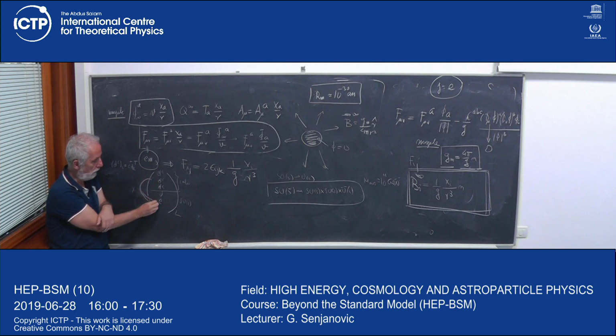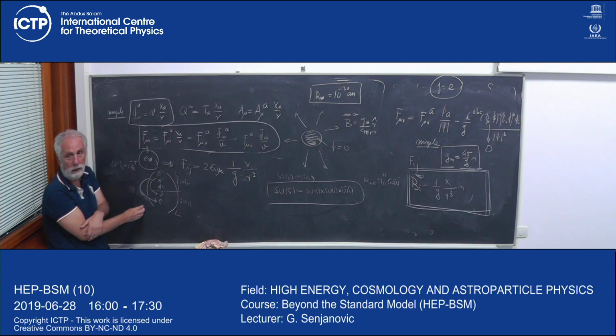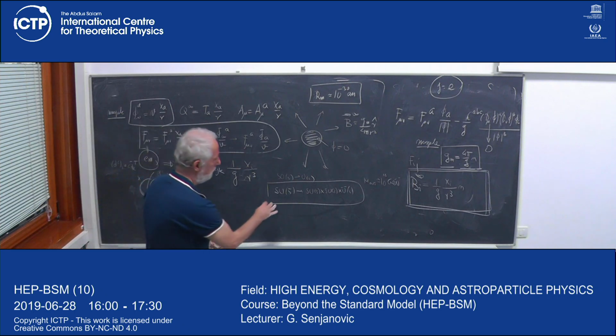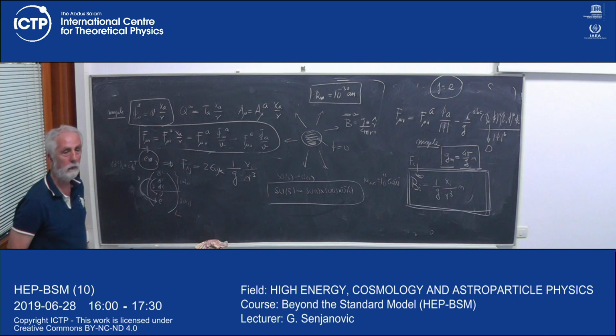There is one that will take this into an electron, call it X. There's another that will take it into a neutrino, call it Y. SU5 has both left and right particles.